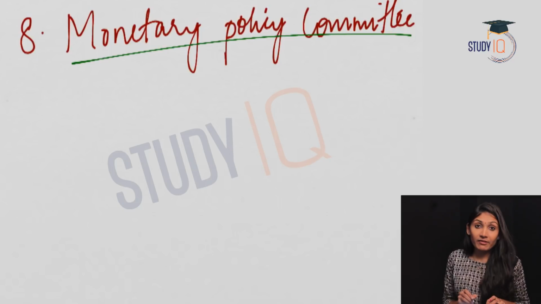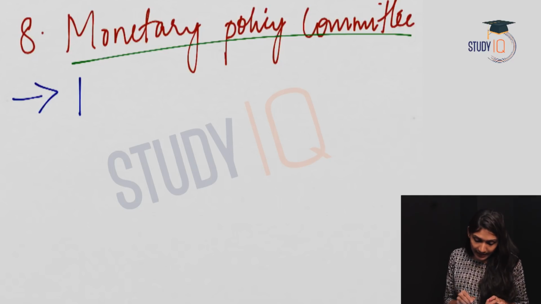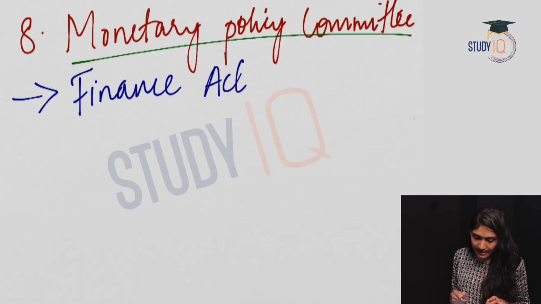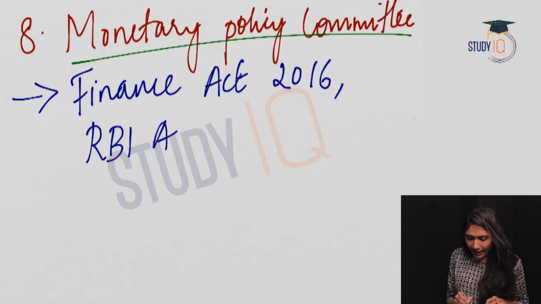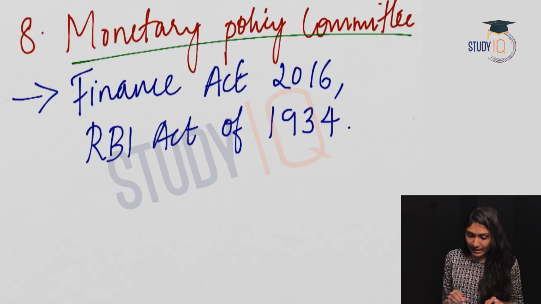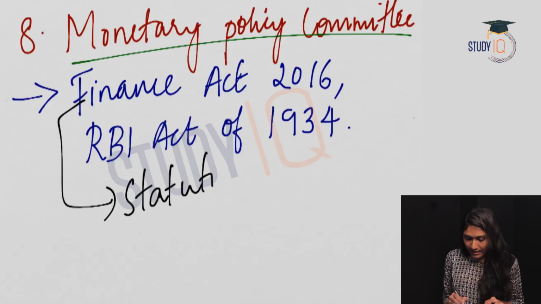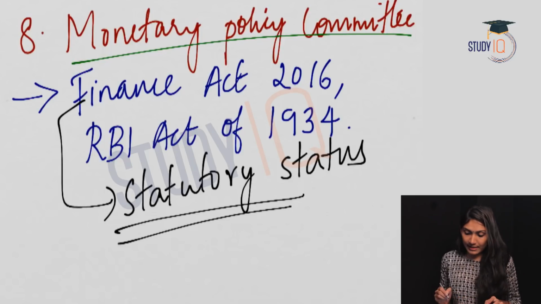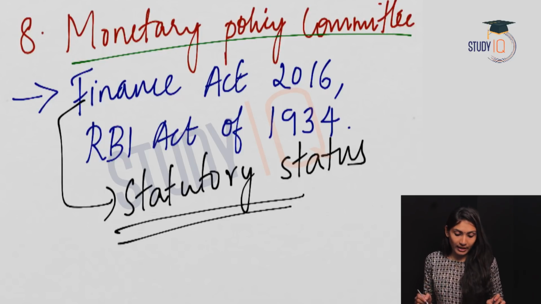Monetary policy committee was set up by the Finance Act 2016 by amending the RBI Act of 1934. Under the Finance Act 2016, the Monetary Policy Committee has been given a statutory status. So, Monetary Policy Committee is a statutory body under the Finance Act of 2016.